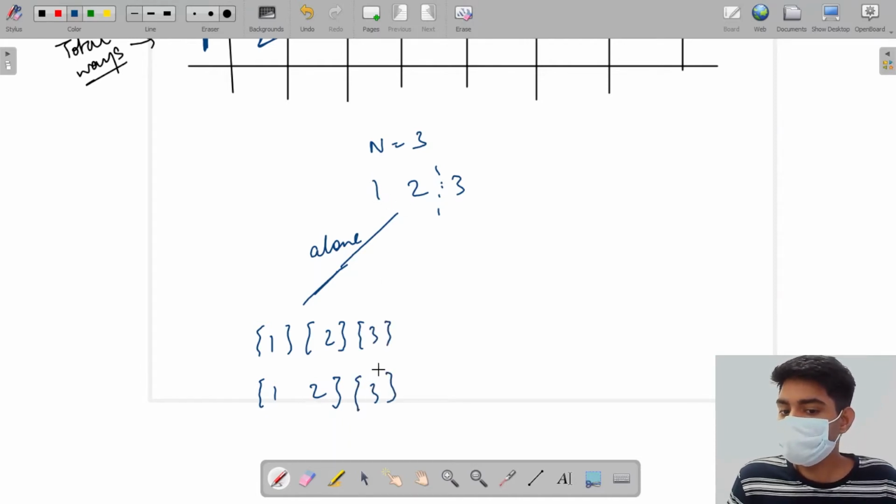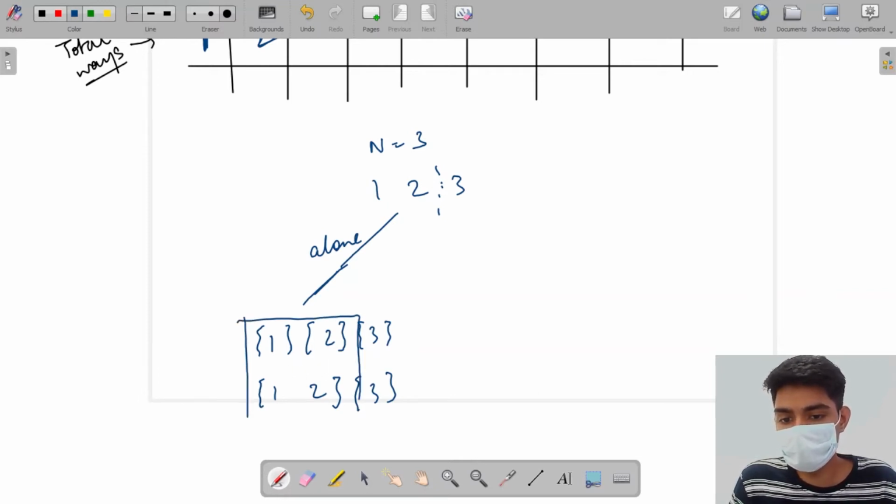Is there any other way that 3 can go alone and we can have a different number of ways than this? These are my ways. These only are my ways for 1 and 2 only.